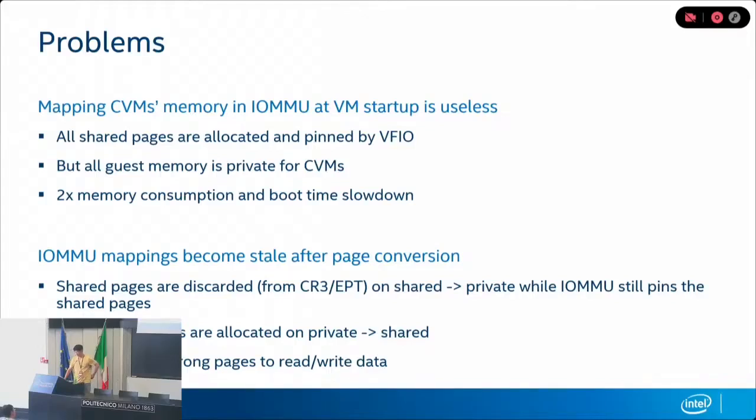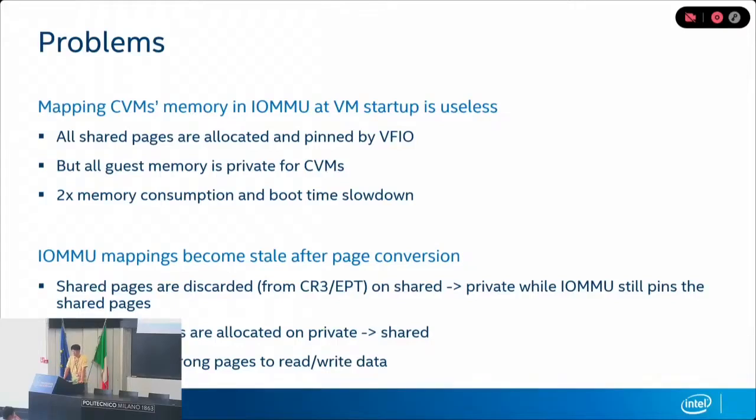And the other problem is that IOMMUFD mappings become stale after page conversion. When you convert a page from shared to private, shared pages are discarded from the CR3 page table or EPT page table, but the IOMMUFD still pins the shared page. On private to shared conversion, a new shared page is allocated.